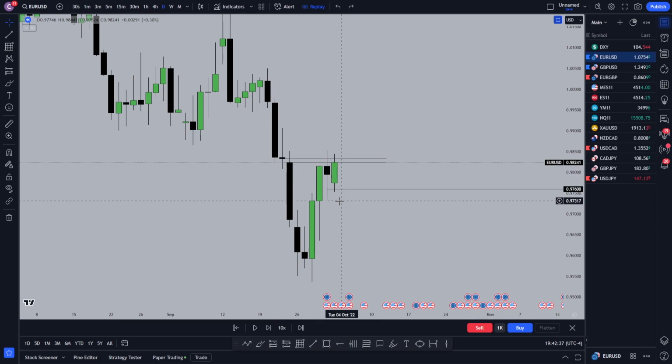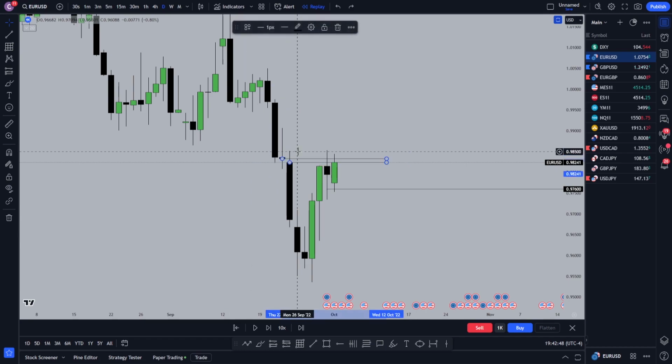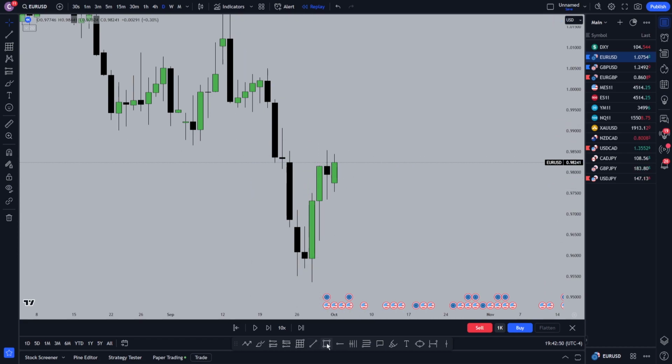Okay, so price came into the 50% of this previous wick, came back into that volume imbalance. Now if this was a down close, then we could potentially see lower pricing, but we did not get that. Okay, so for the next candle, I'm going to be looking for this fair value gap here, right there.